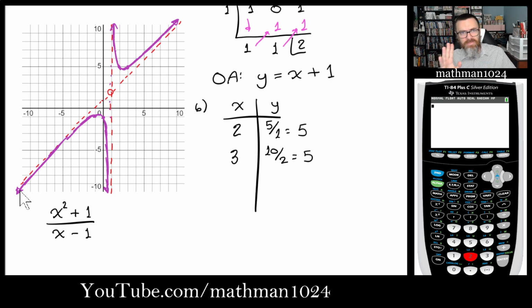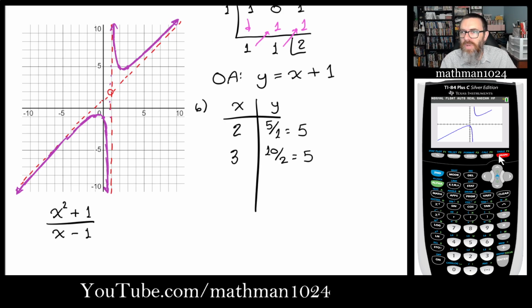Now let's take a moment and check this with our graphing calculator. So big parentheses, we have x squared plus 1 divided by x minus 1. All right, let's graph. Oh, look at that. Look up. There we go.